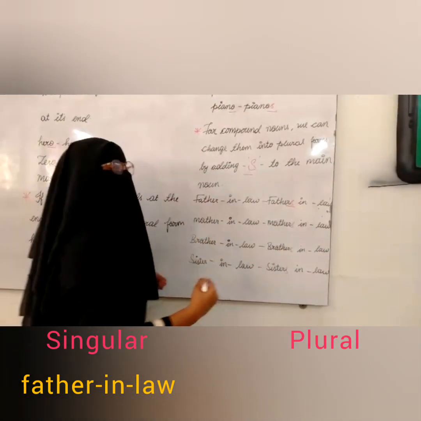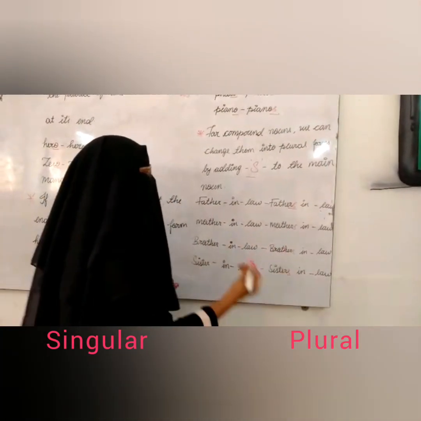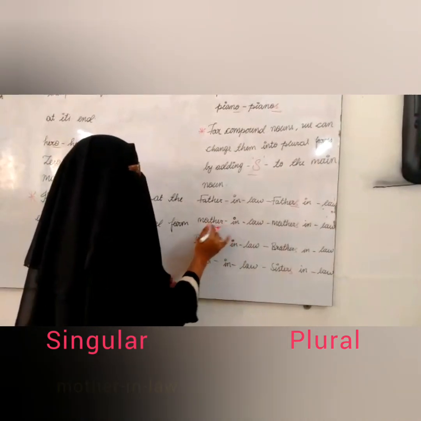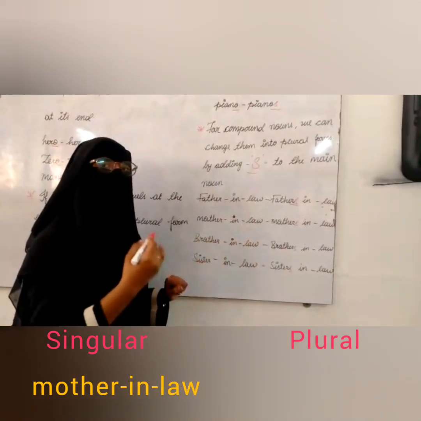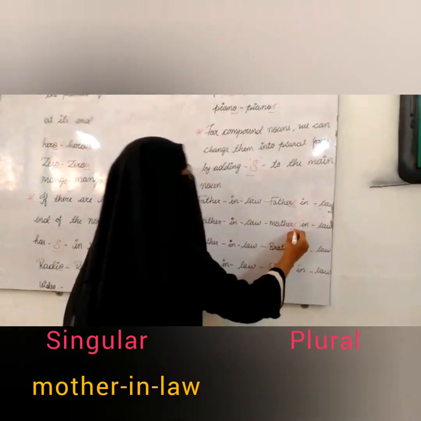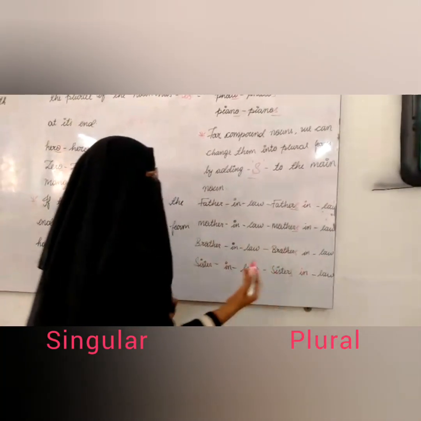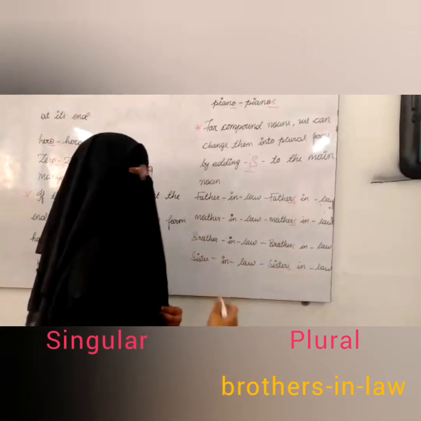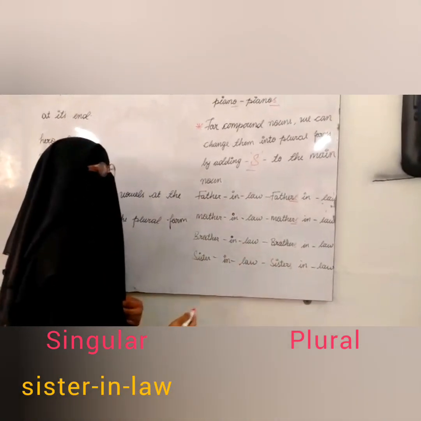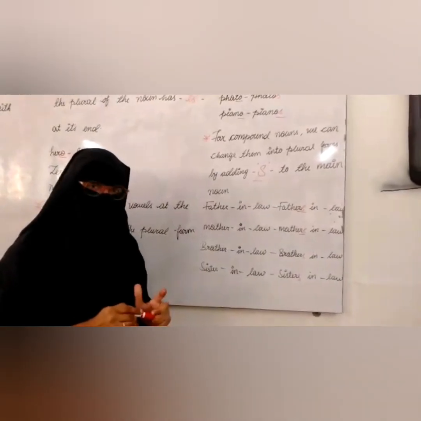Then father-in-law becomes fathers-in-law. Like this, to the compound noun mother-in-law, we have to add S to the main noun. Then mother-in-law becomes mothers-in-law. Like this, brother-in-law becomes brothers-in-law and sister-in-law becomes sisters-in-law.